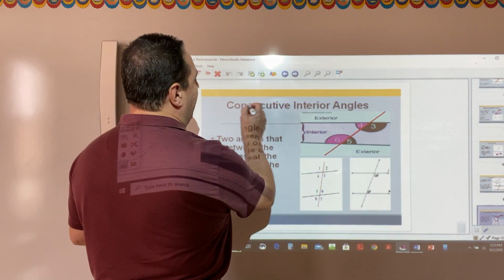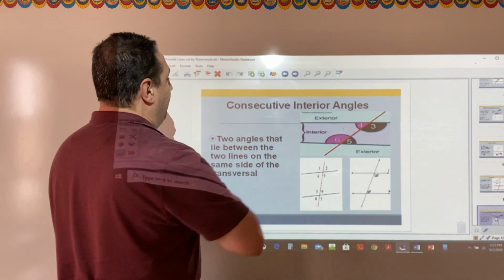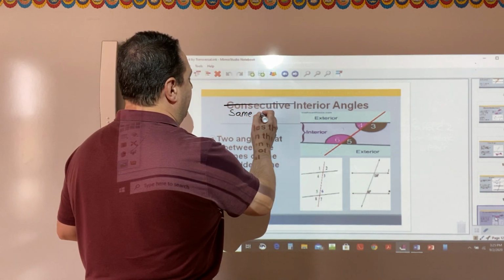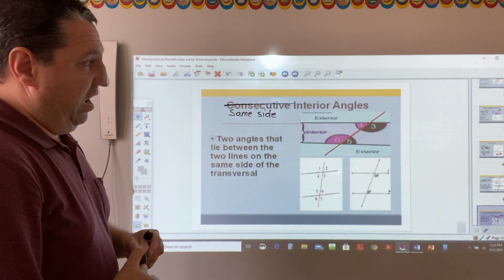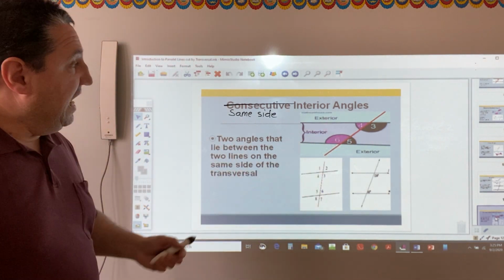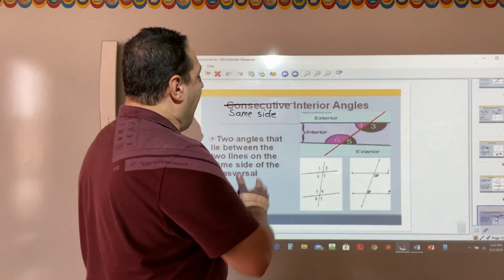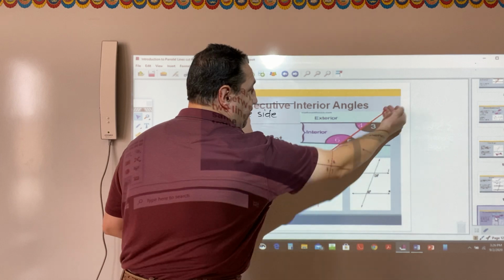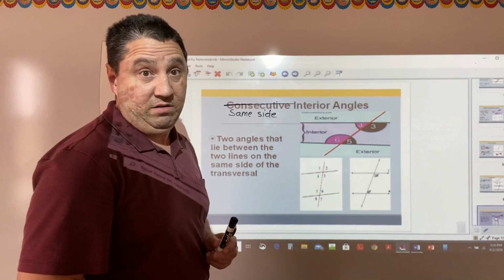Instead of consecutive, I would say same side interior. As the name suggests, same side interior angles are angles that are located on the same side of the transversal and are inside the parallel lines.